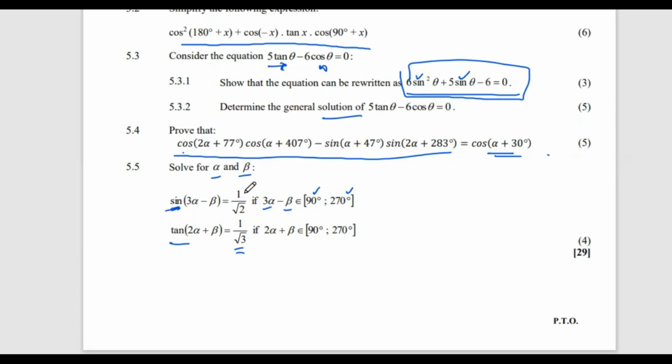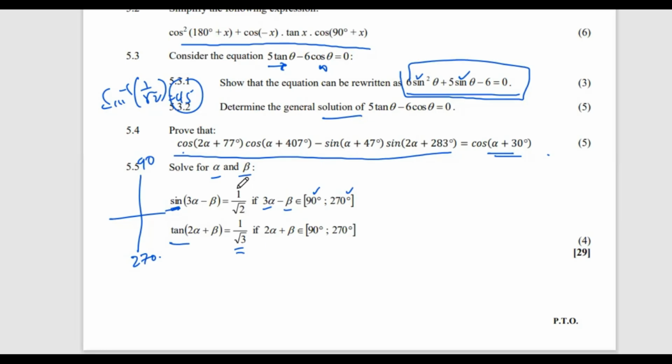Okay. So what is 1 over root 2 shift sine? The arc sine of 1 over root 2 is going to be 45, but they're telling me that the focus is 90 to 270. That's where the focus is. So which angle is that going to be?